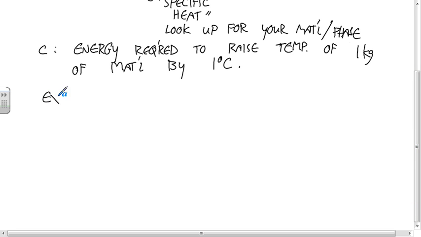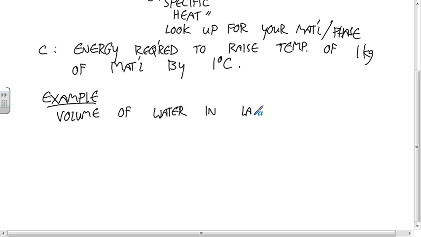Okay, so here's an example. The volume of water in Lake Tahoe is 150.7 cubic kilometers.